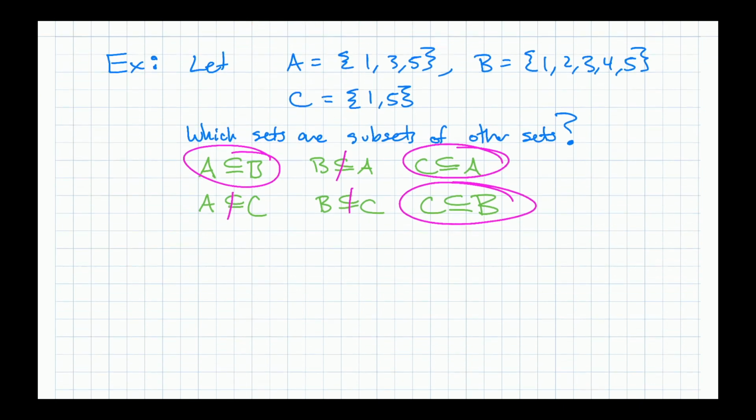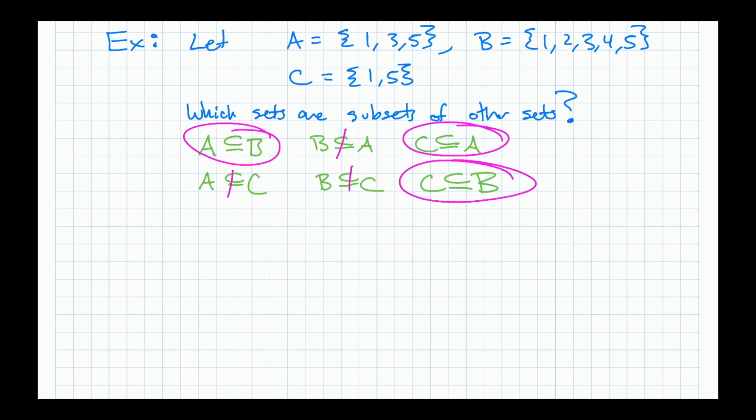Yeah, how would I draw this? Let's draw a Venn diagram just because we're drawing them, and then I think that'll be it for Venn diagrams. Draw a Venn diagram for the above sets.